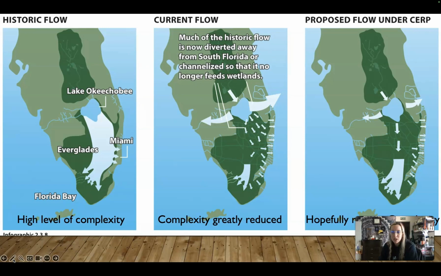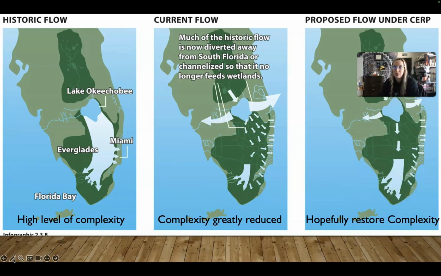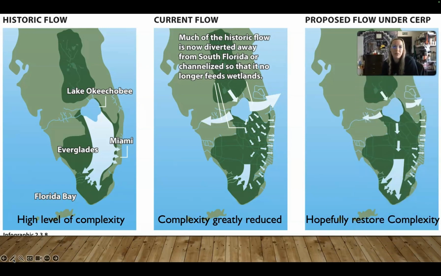So of course, the folks of Florida, city managers and community managers, things like that, they're trying to fix things now, right? They actually, oddly enough, care very heavily about their environment. So this image here is just going through and indicating what the historic flow looked like from Lake Okeechobee and the flow from that.